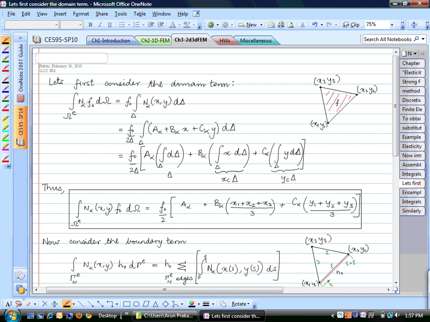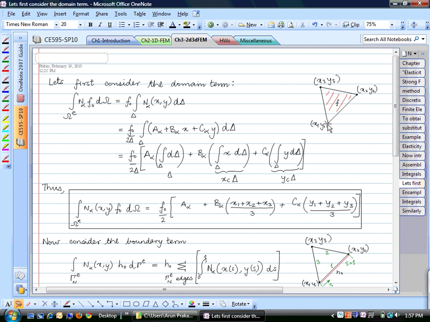So finally, if you plug all these numbers in, you will get this expression that says that if you want to evaluate the force term for a particular shape function, you can express it like this. And the idea is that we have already done this integral exactly by hand so that we can directly code this up into MATLAB.